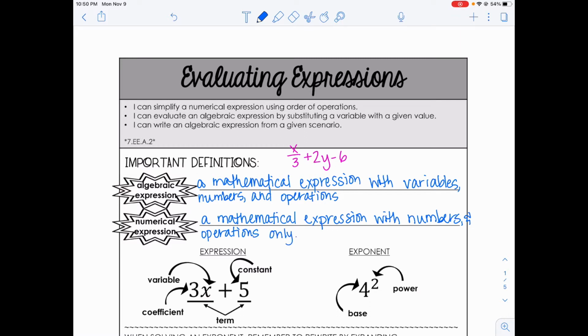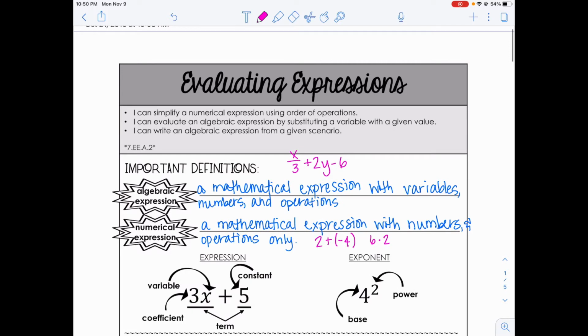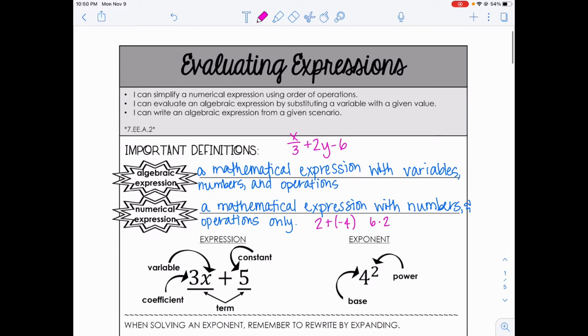So a numerical expression is not going to have any variables in it. An example of a numerical expression might be something like 2 plus a negative 4. That's a numerical expression. It could be something like 6 times 2. Or it could be something a little bit harder like 4 squared plus 9 times 2 minus 8.